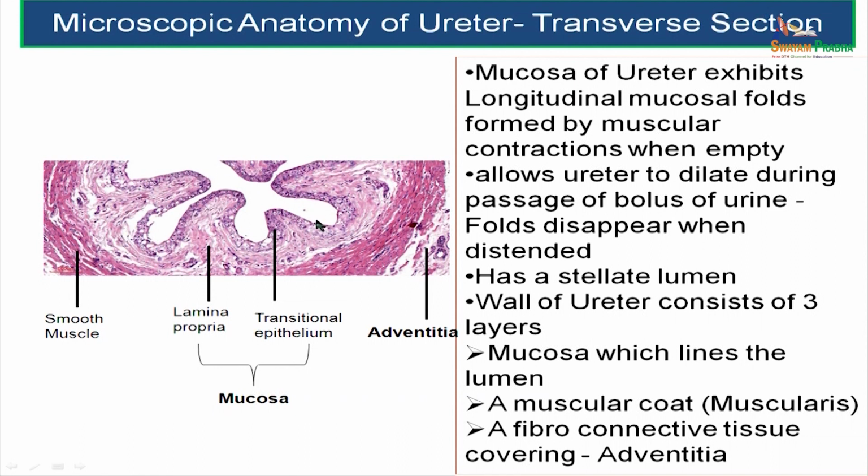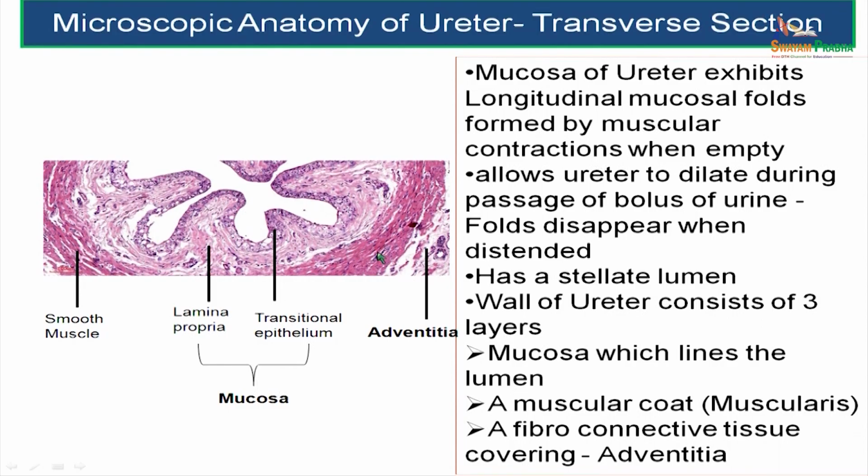As you can see from this picture, the lumen of the ureter is stellate, that is star shaped. The wall of the ureter exhibits three layers. First layer, the innermost layer, is the mucosa.